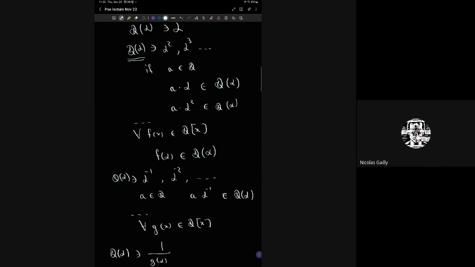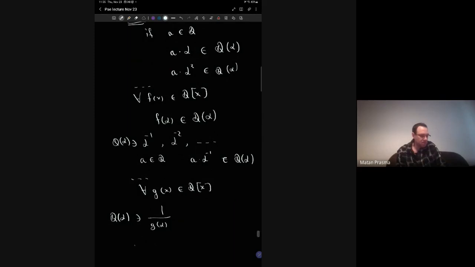Yeah, makes a lot of sense. Thanks. And of course, this means that g needs to be non-zero. But since f of alpha and 1 over g of alpha are in Q of alpha, I must have that f of alpha modulo g of alpha is an element in Q of alpha.